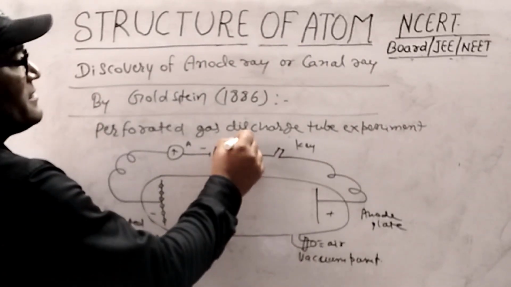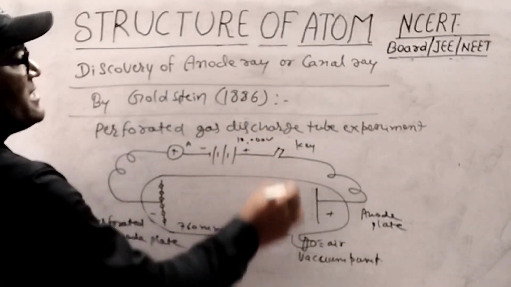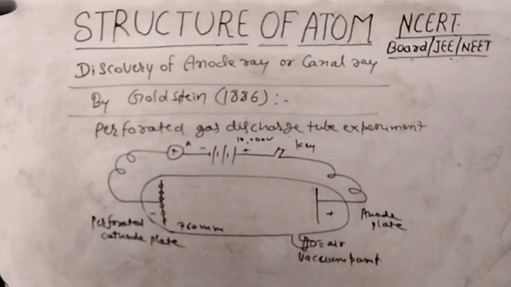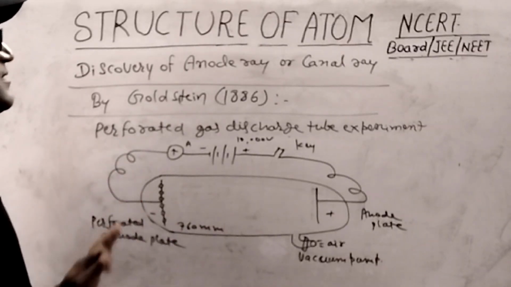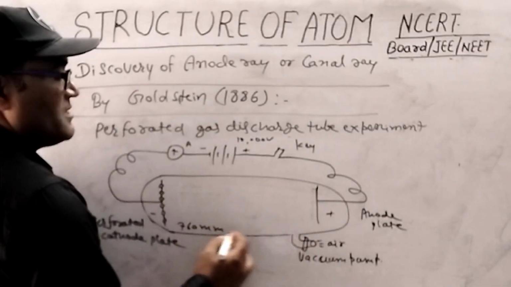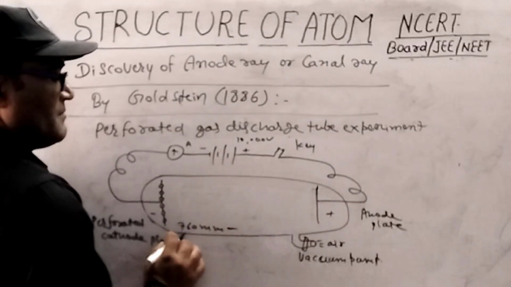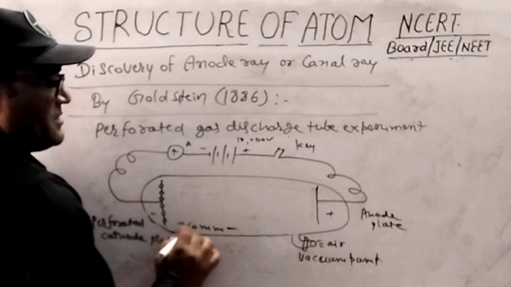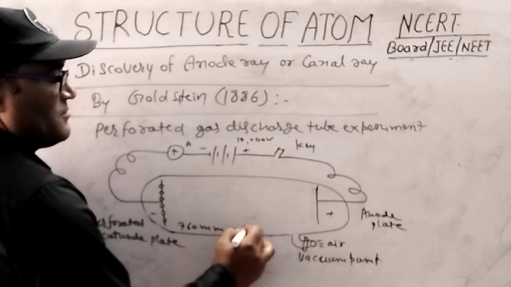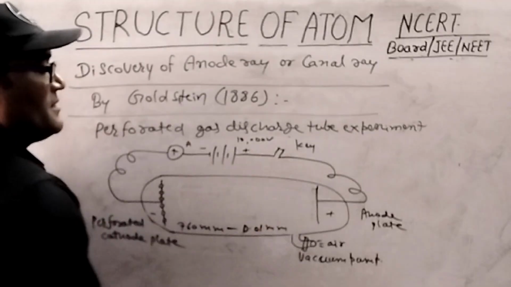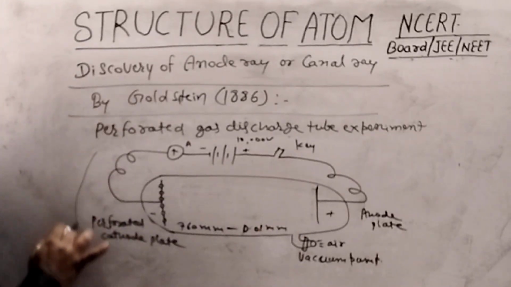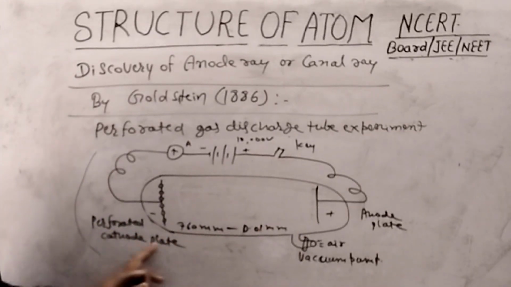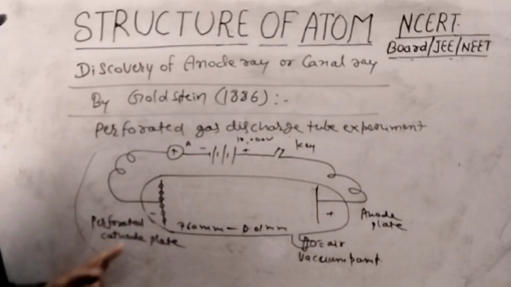Whenever the key is pressed, 10,000 volt electric current is produced in the circuit. Then there is no observation on either side. But the pressure is decreased with the help of the vacuum pump, from 760 mm of Hg to 0.01 mm. Then an observation is seen at the perforated cathode plate, at the surface of the glass.